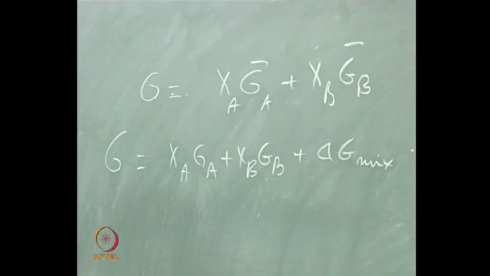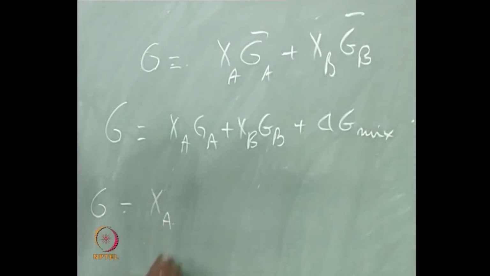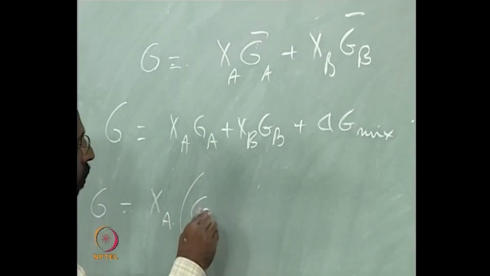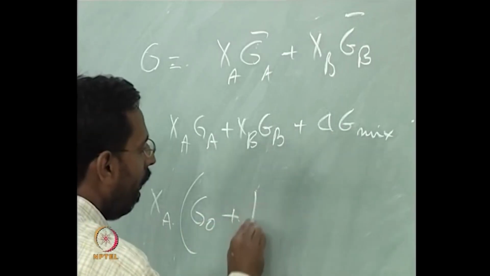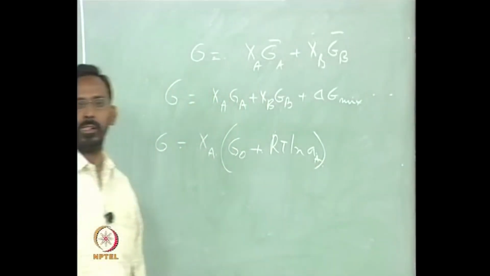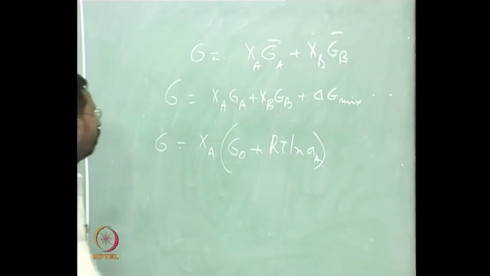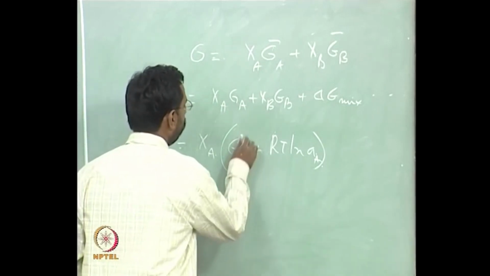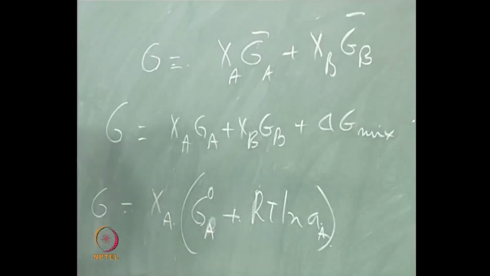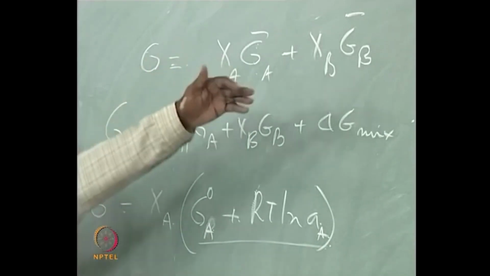And in principle we can also write this G as XA into G bar A. G bar A can be written as G naught plus RT ln a of A. Any chemical potential, G naught is the standard state, usually put as G naught of A. So the chemical potential can always be expressed like this, and in fact from here you can get the whole expression of this.